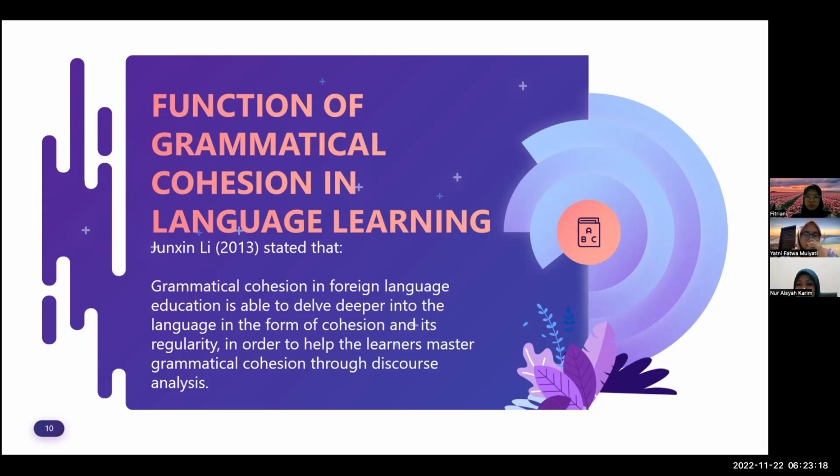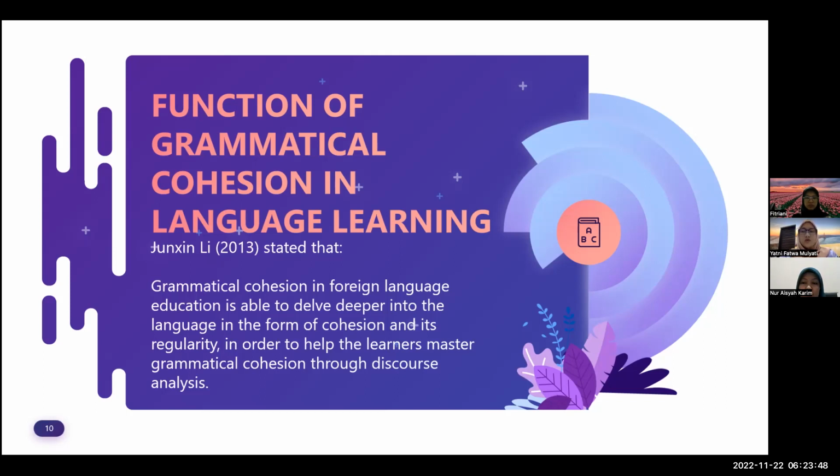And then we connect it to Yule's 1989 definition that cohesive links in the text give some insight into how the writer structures what they want to say, and that helps the reader judge whether something is well written or not.